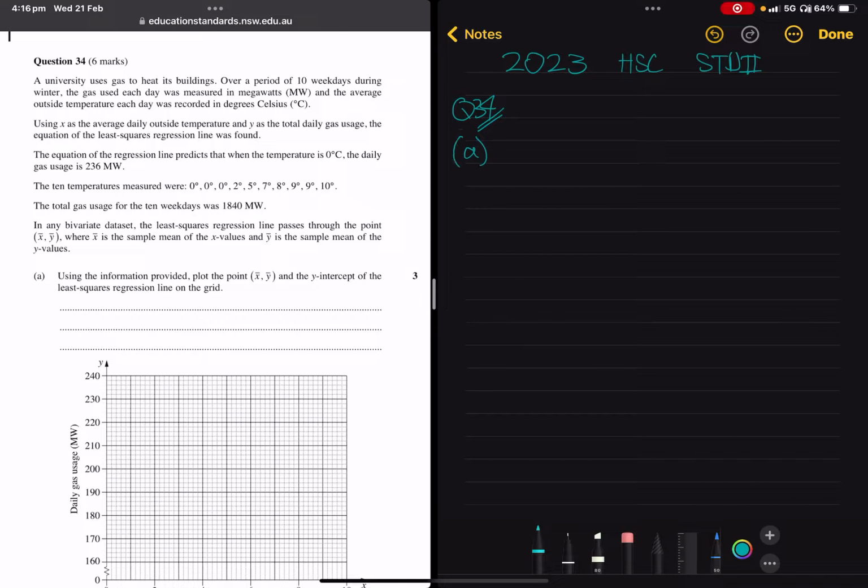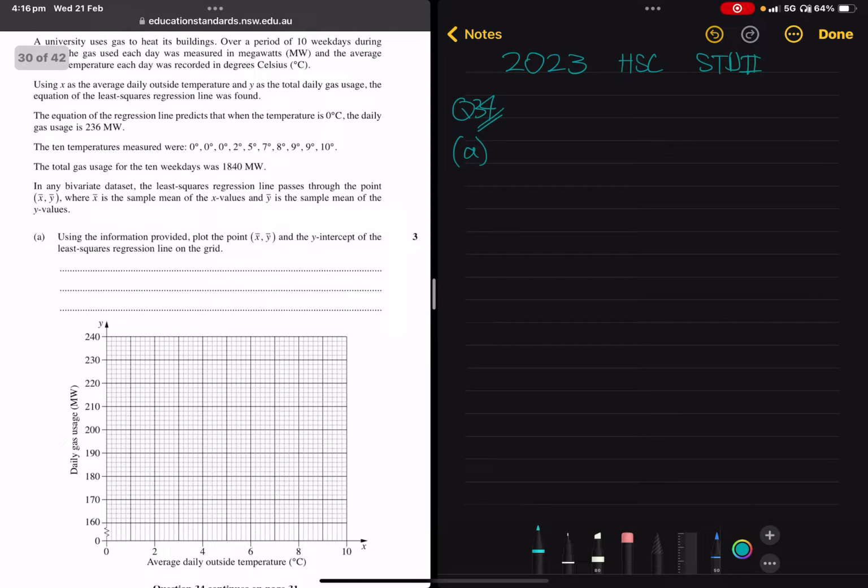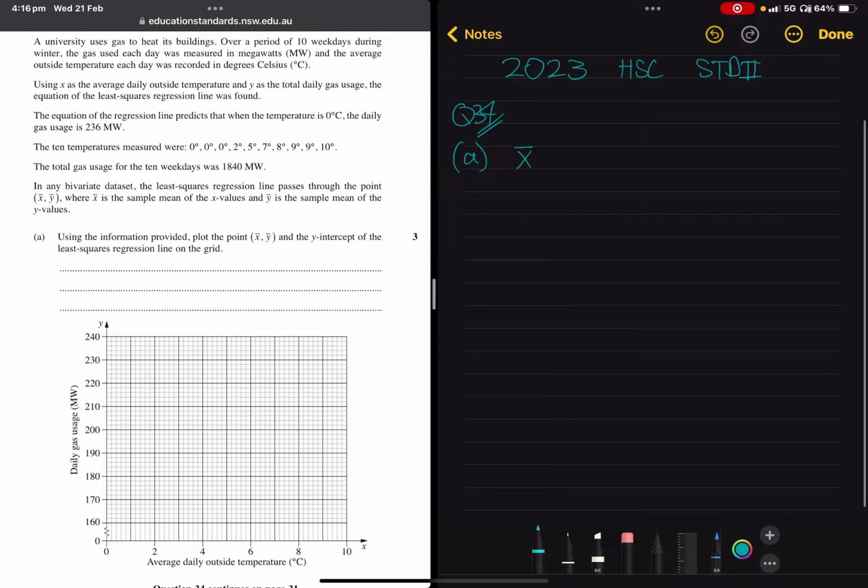So for part A, we have our daily gas usage grid. We want to plot x bar, y bar, and we want to plot the least squares line. So first we need to find x bar and y bar, and we have to be careful to identify them correctly.